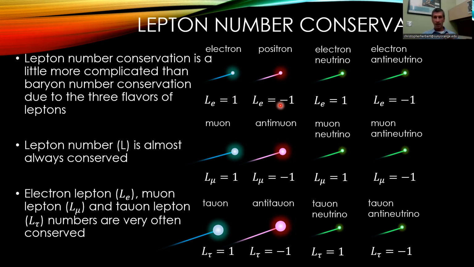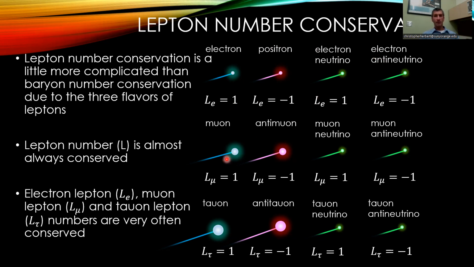But in addition to just the straight lepton number, there's also a lepton number associated only with the electron. So this number here, the electron lepton number, is 1 for the electron and the electron neutrino, and -1 for the positron and the electron anti-neutrino.